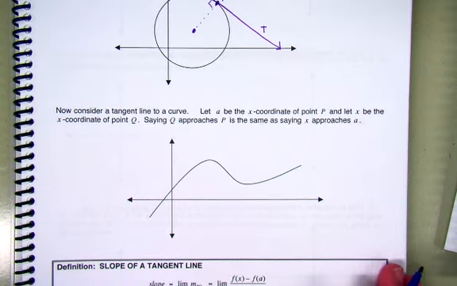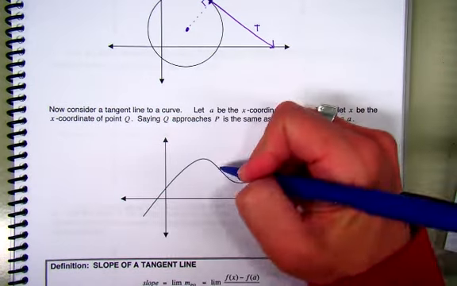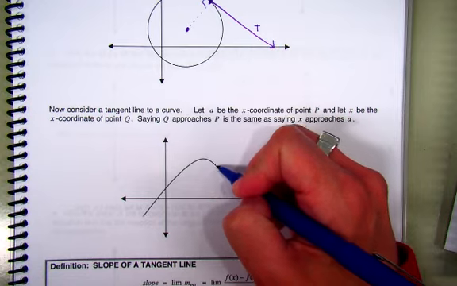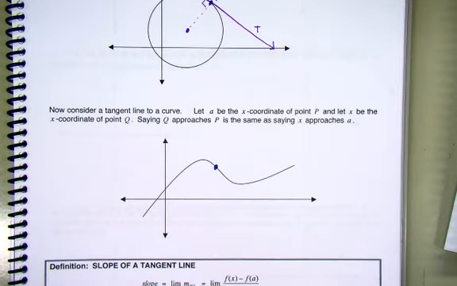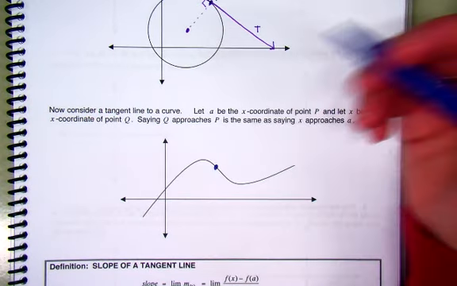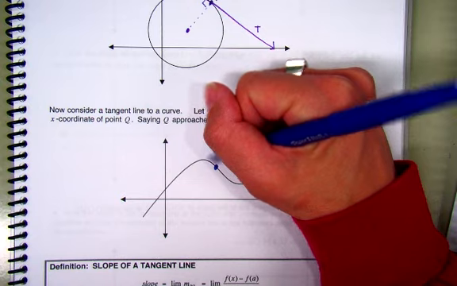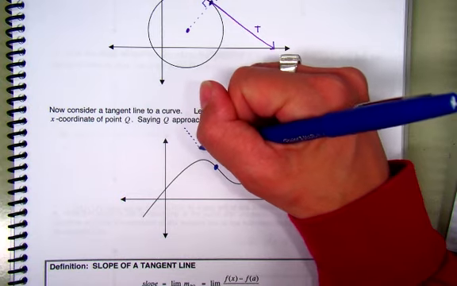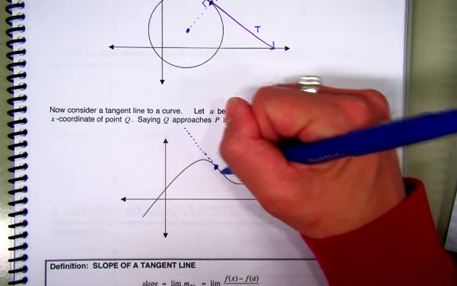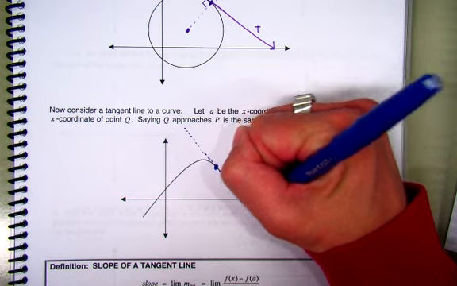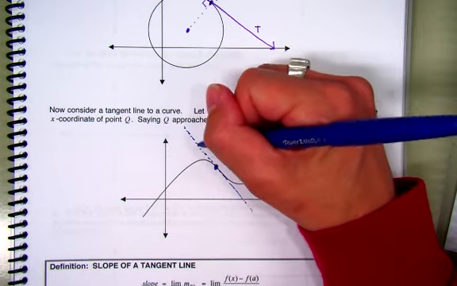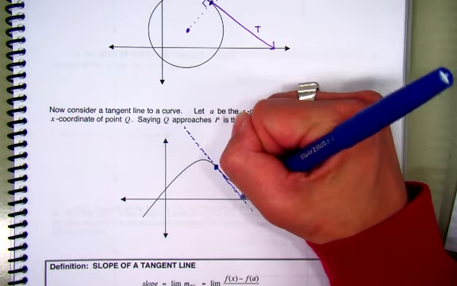For example, say right about here, I want to try and find a tangent line right there. It's going to touch it in one place, so it would come in and touch it something like this. I want to be able to find the slope of that tangent line.